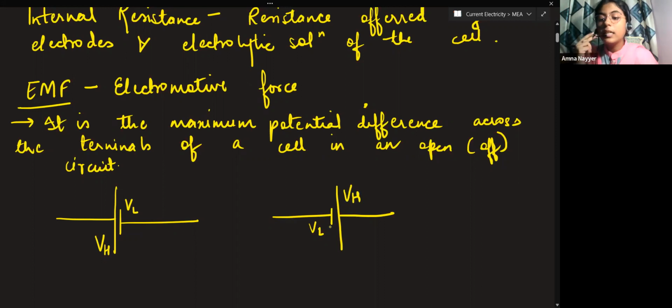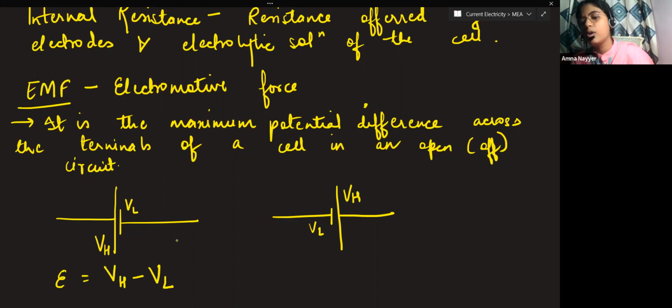Now, how is the EMF given? EMF is represented through the capital E. It is given by VH minus VL, meaning the higher potential minus the lower potential. For example, let's say the positive terminal is at 10 volts and the shorter terminal is at 2 volts.